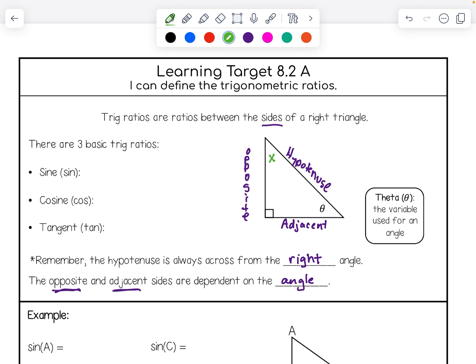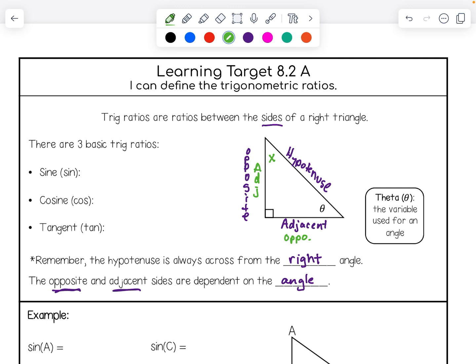If we were looking at this angle, then this would be our opposite, and this side right here would be our adjacent. That is going to be really important. I'm using color. You don't necessarily need to write that down, but it is important.